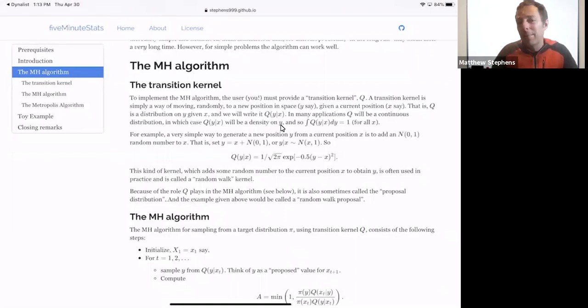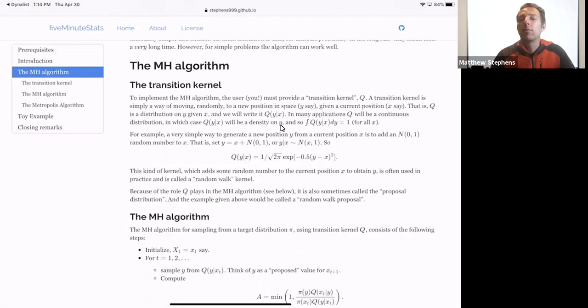It's not hard to sample from an exponential distribution, and it isn't a posterior distribution from an interesting and difficult problem. It's just an example to show you how MCMC and the Metropolis-Hastings algorithm work. For the moment, we're thinking about a one-dimensional continuous distribution. So our Markov chain is going to live on the real line, or actually on the positive real line, because the exponential distribution lives on the positive real line.